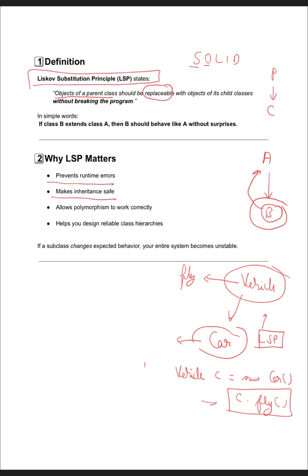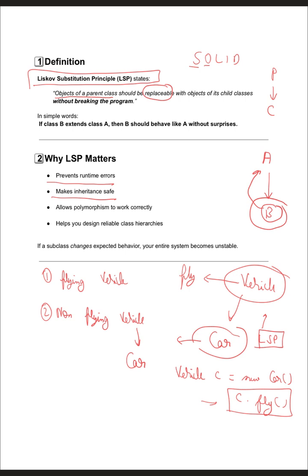It makes inheritance safe, right? For instance, say there are two types of vehicles. One is flying vehicles, this is one class. The second class is non-flying vehicles. And car extends non-flying vehicles, so c dot fly will not be there, and you are not breaking inheritance.